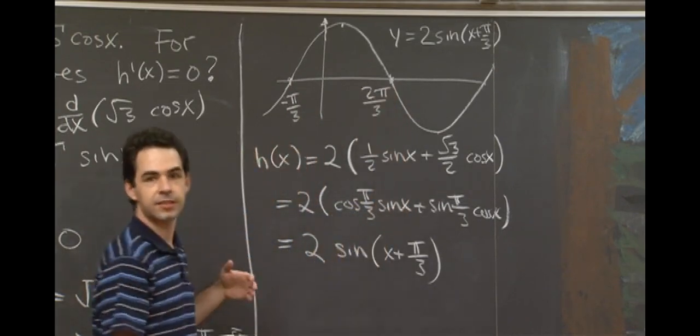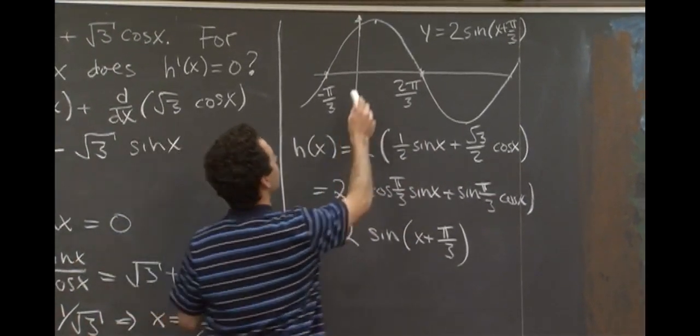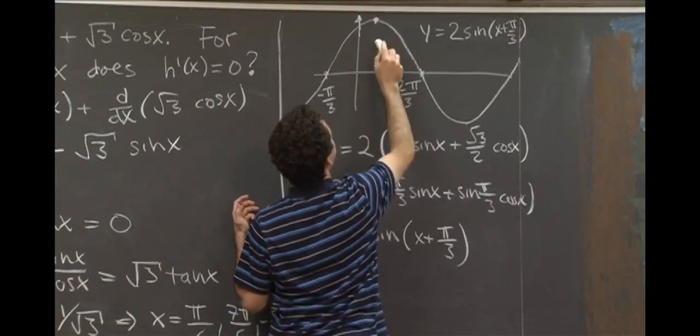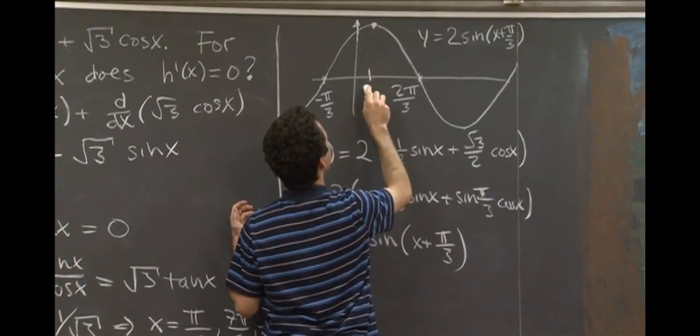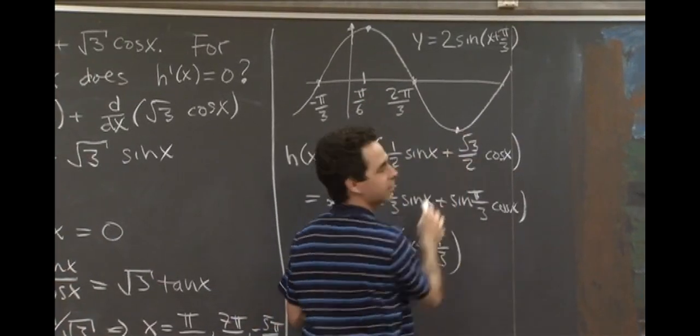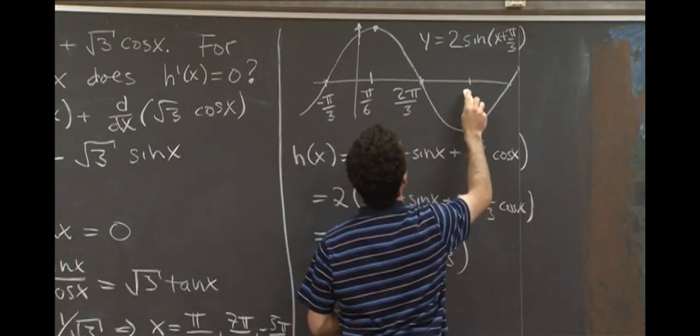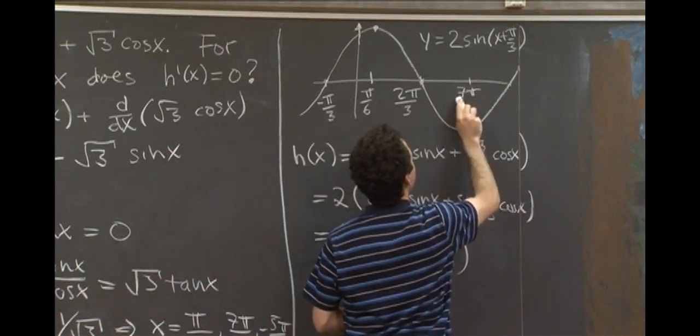And the points we're interested in are the points where there's a horizontal tangent line, where the derivative is 0. There's one of these right at this value, which is pi over 6. And then the second one is that minimum there, which happens at x equals 7 pi over 6.